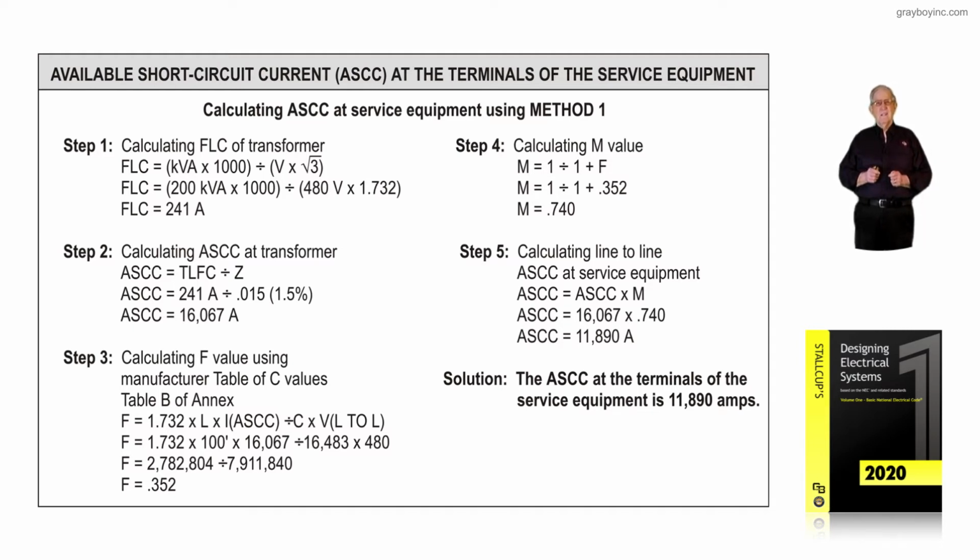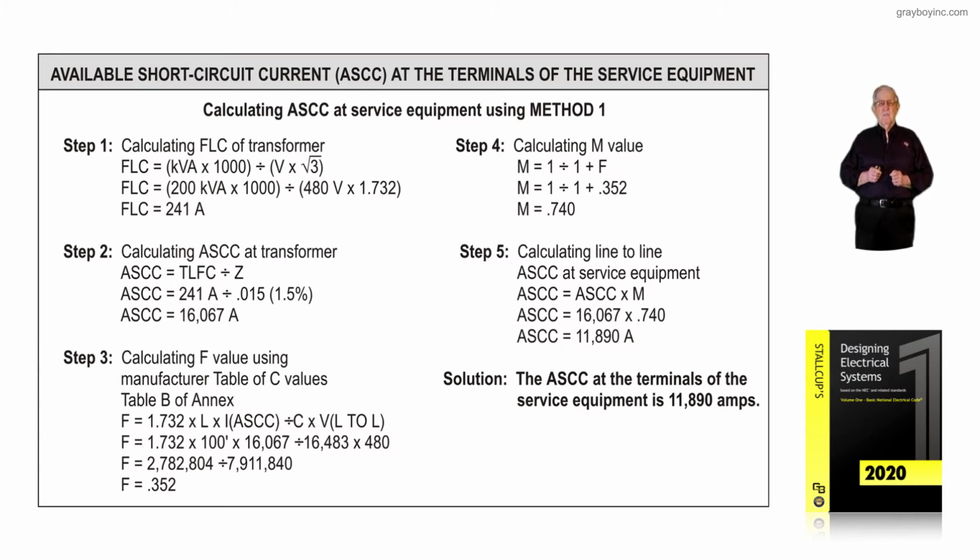Now we're going to calculate the F factor using the manufacturer's table of C values, and that would be in table B of the Stallcup's electrical design book, but it's also in the Bussmann handbook that Bussmann puts out.